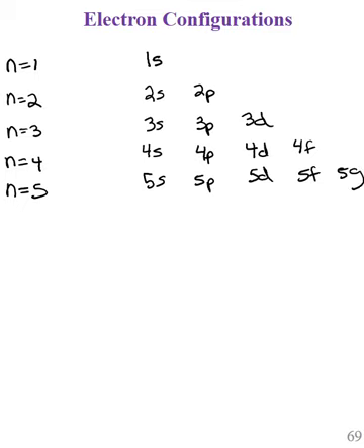Now that I have it lined up, you have to have these columns and these rows. If you don't have them neatly done, then you won't be able to write out the electron configurations. What you do is you draw diagonal lines through this. So we draw our first diagonal line. The first one only hits the 1s.